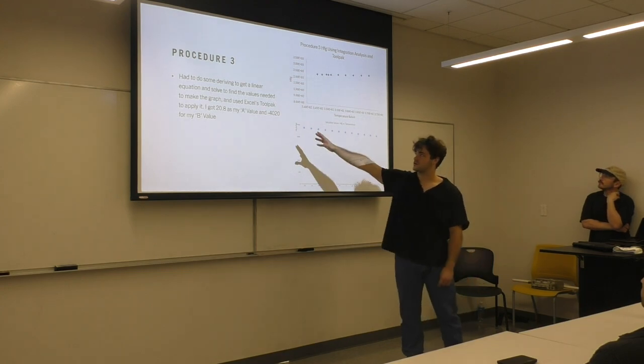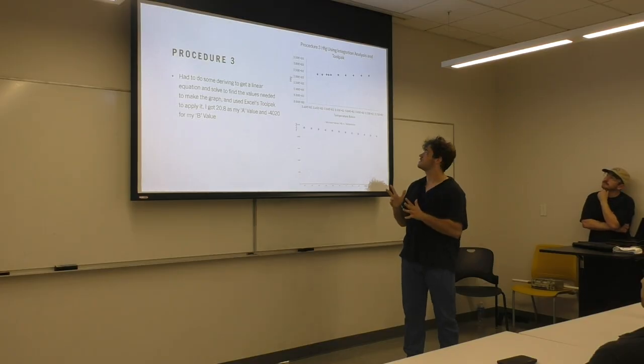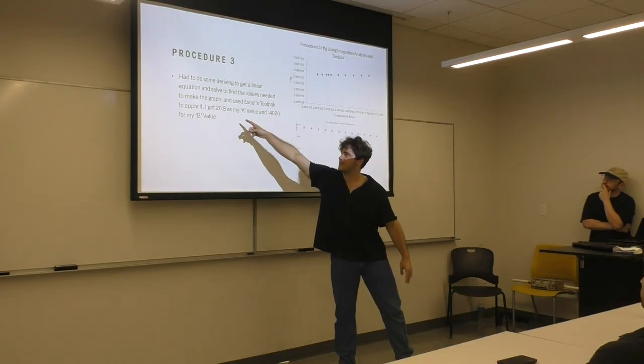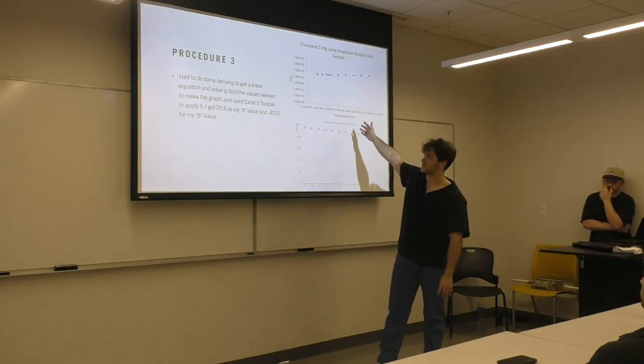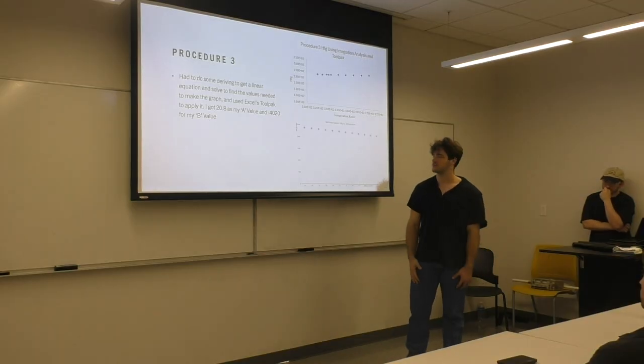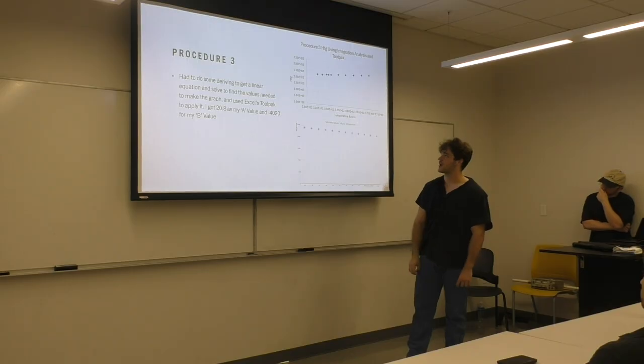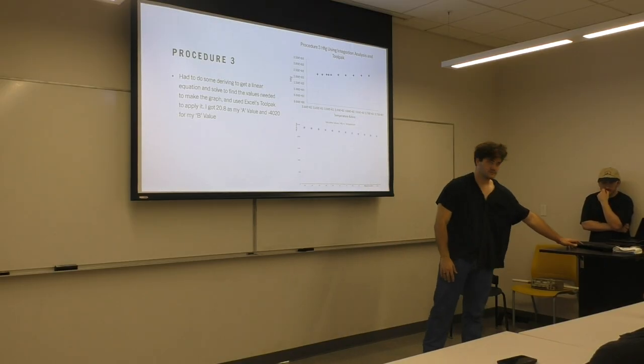Essentially, the ToolPak created a function directly relating hfg to temperature. I think it was 20.8 times the temperature values in Kelvin, and then this is the y-intercept, just to give the general perspective. It looked really similar to the data. I was very happy with procedure three.